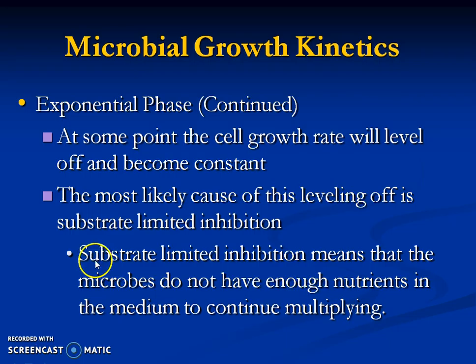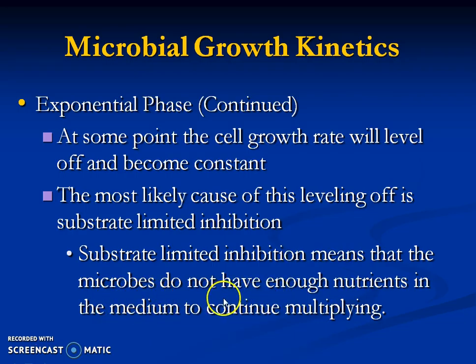Why does it become constant? It is because of an important phenomenon which we call substrate limited inhibition. What do we mean by substrate limited inhibition? It means that the microbes, during multiplication, utilize the nutrients which are available in the medium.